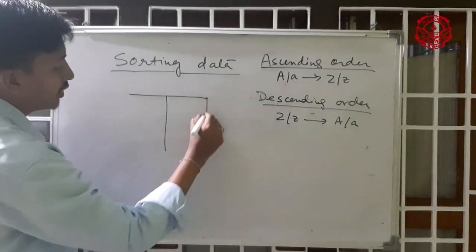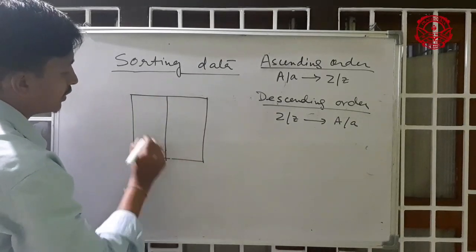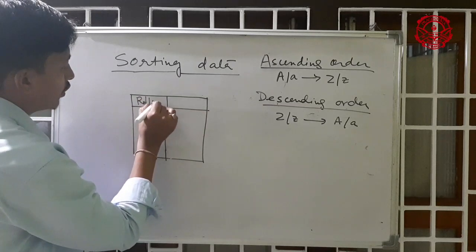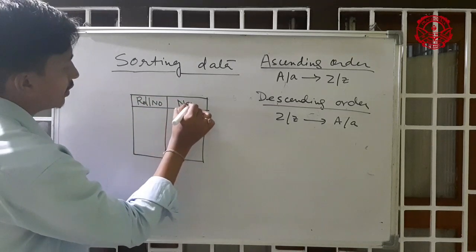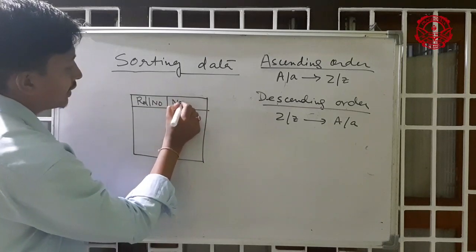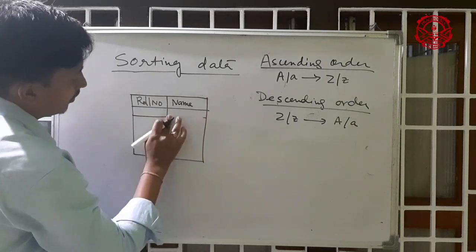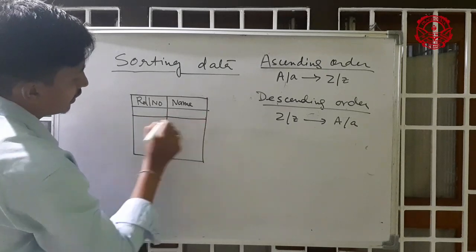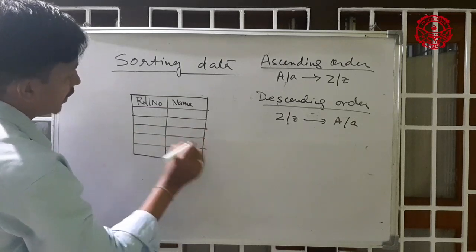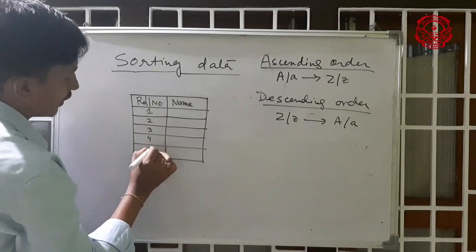This is a student record. Roll number and name. Roll number 1, 2, 3, 4, 5.